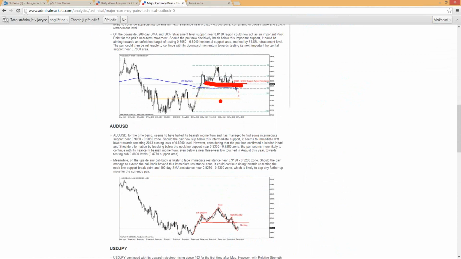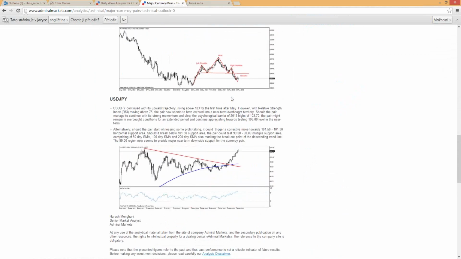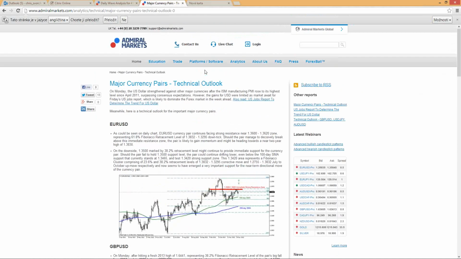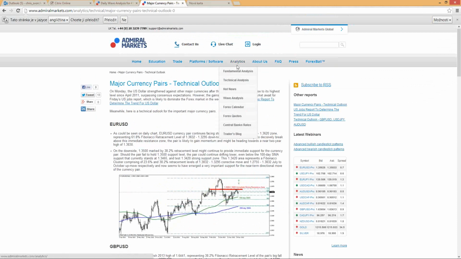Yeah, that's true on the Kiwi. That could be resistance indeed. Cool. Does anyone know where that Tarantula, this is the technical outlook. That was yesterday, in fact.